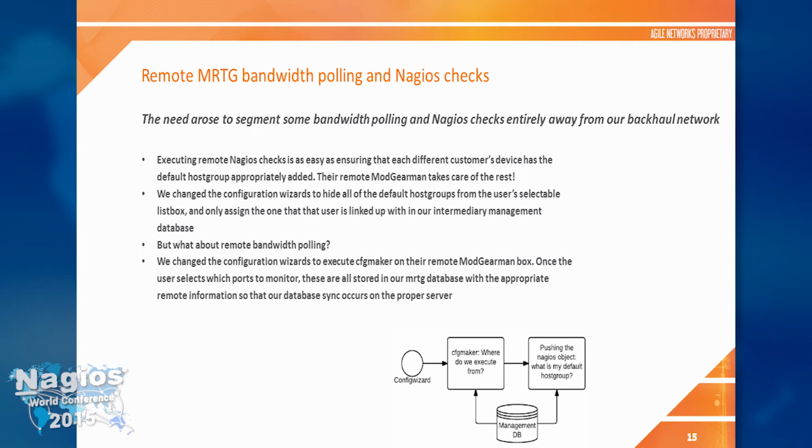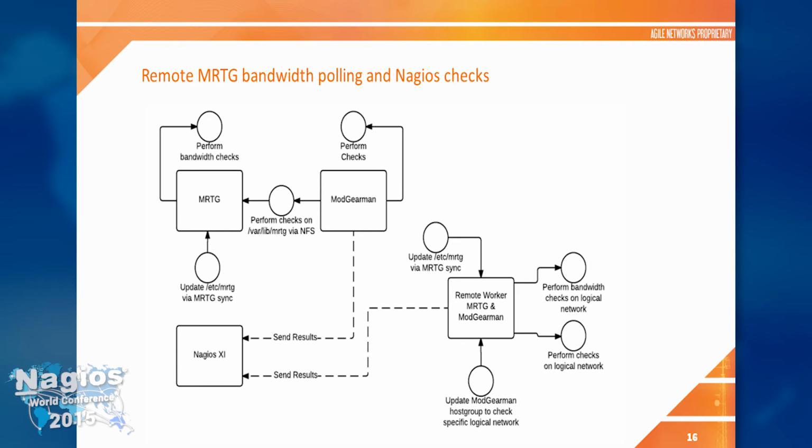Once it parses that data, it's just entered into the database and linked to their probe, so that the MRTG synchronization tool is run from each one of those probes, and it pulls the proper information for MRTG wherever it needs to be.